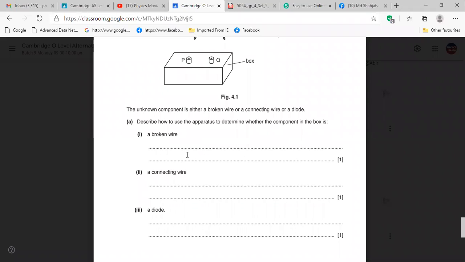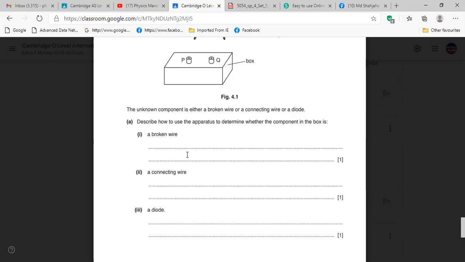No, you write the light will not light if the diode is connected in reverse biased. Okay, sir. The light will not light if the diode is connected in reverse bias.